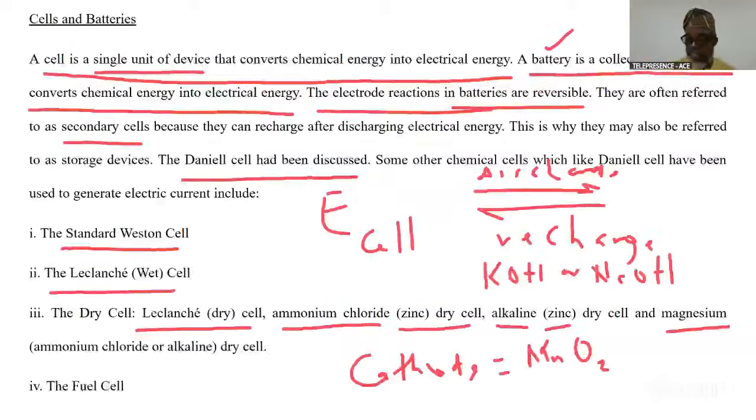In magnesium cells, instead of zinc as the anode, we have magnesium, no zinc. So the electrolyte can either be ammonium chloride, sodium hydroxide or potassium hydroxide. When we say alkaline, we mean potassium hydroxide or sodium hydroxide. Another example of a cell is the fuel cell.